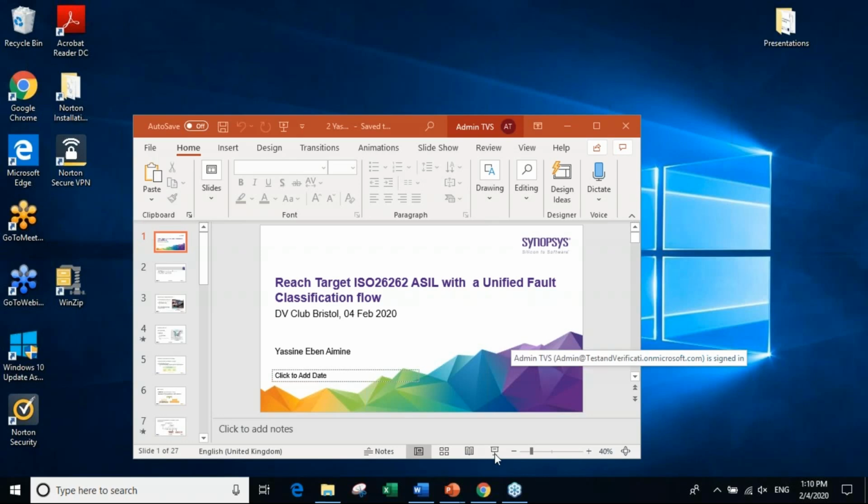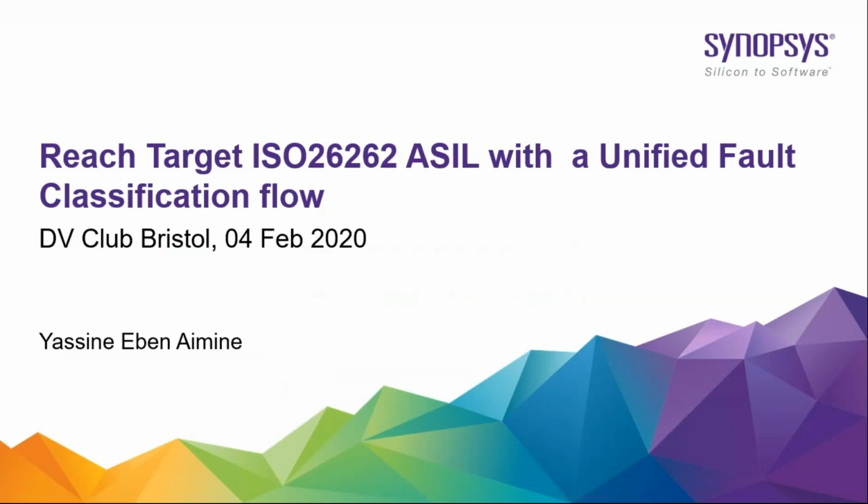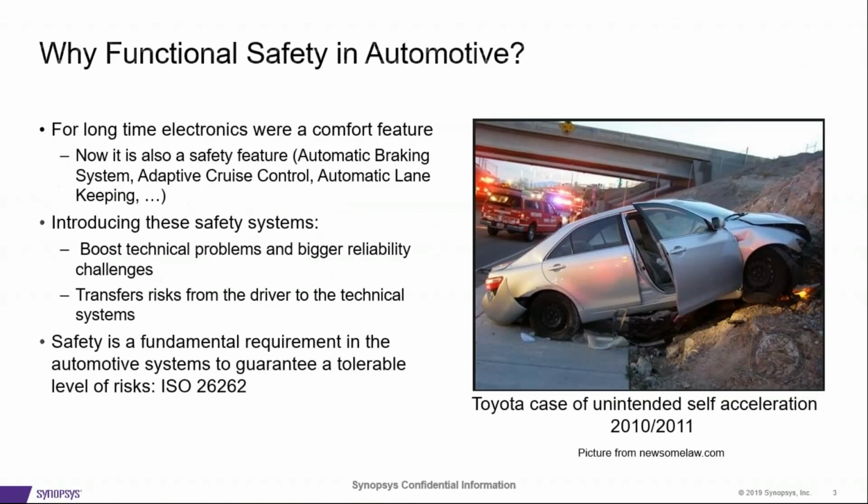For a long time they were there as a comfort feature, infotainment, things that switch on lights and so on. They're far more critical in terms of safety today because they take on many of the tasks that humans were taking to drive the particular car. So automatic braking systems are all developed as a safety feature, adaptive cruise control, automatic lane keeping, as well as the full-fledged autonomous driving experience.